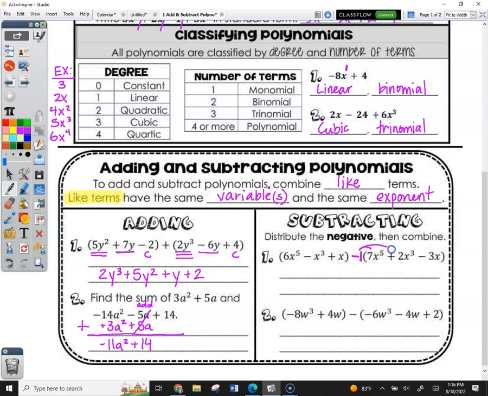So this, and this will no longer have that sign that you see. They will change. So one way to do it is to just bring this down and then start changing. So that's positive 7 is going to become negative. That becomes negative. And that becomes positive.